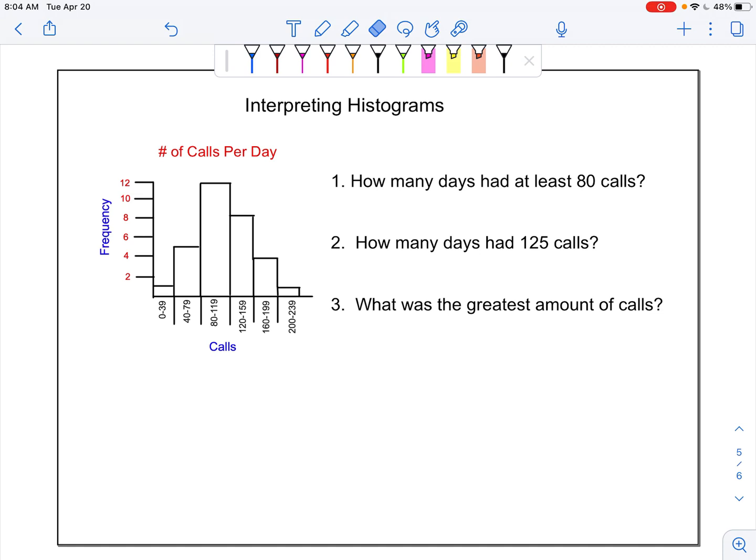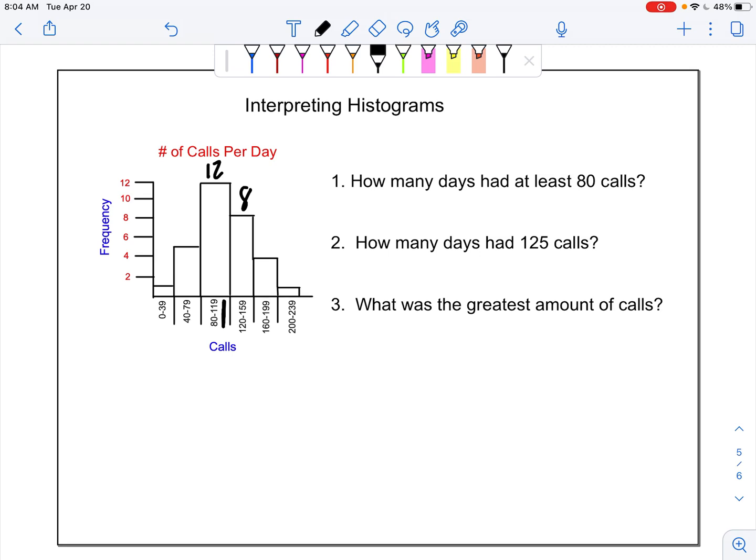It said, how many days had at least 80 calls? So when I look at this, 80 falls within this interval, and I know that on 12 days I received at least 80 calls. But if I think about that question, on this bar right here, on 8 days, I received 120 to 159. So that's at least 80 calls.